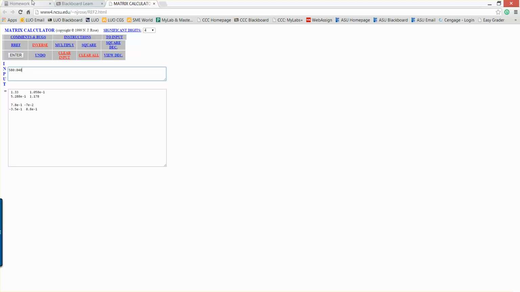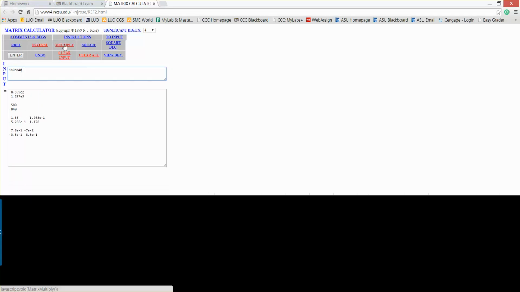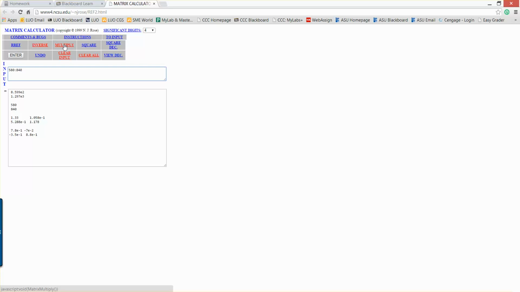We'll hit enter, and then we will hit multiply, and that will give us our answer in scientific notation.